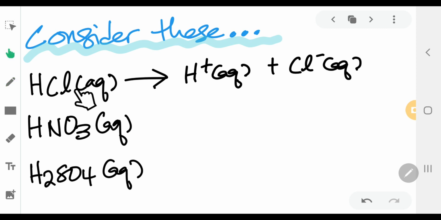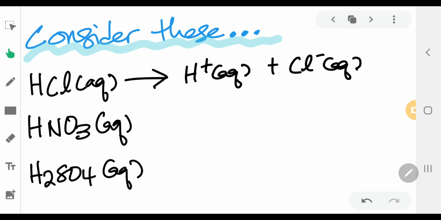So at the end of the reaction, we no longer have HCl in the system because all of it is dissociated to form your ionic species, H plus, proton, and Cl minus in aqueous solution. Aqueous simply means that the ionic species are dissolved in water solvent.